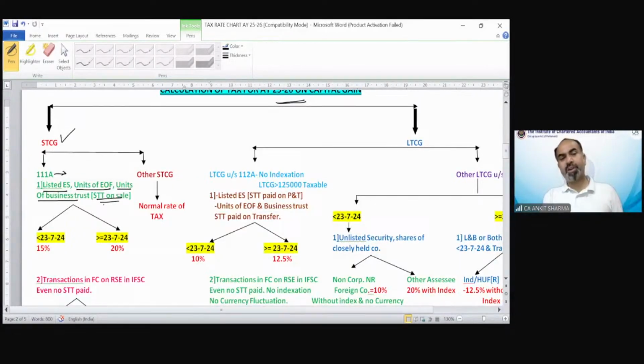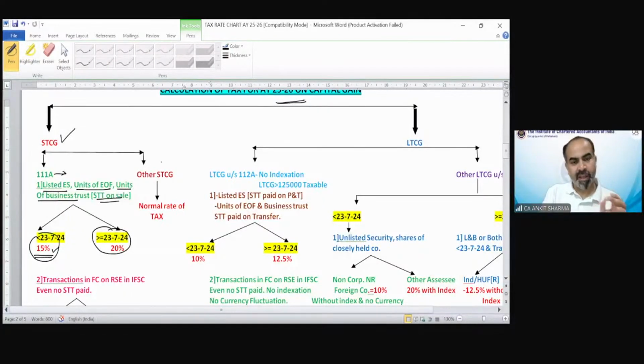If securities transaction tax has been paid at the time of transfer of these 3 assets, and if these are short term, then the rate of tax, if transferred before 23rd July, would be 15%. If transferred on or after 23rd of July, it would be 20%.